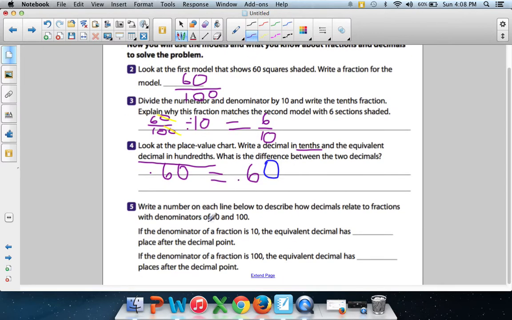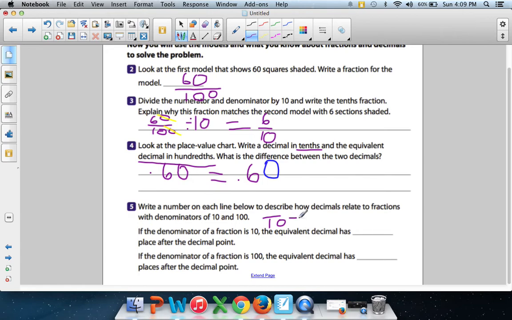Write a number on each line below to describe how decimals relate to fractions with denominators of 10 and 100. Okay, let's see what they want us to do here. If the denominator of a fraction is 10, the equivalent decimal has blank place after the decimal point.